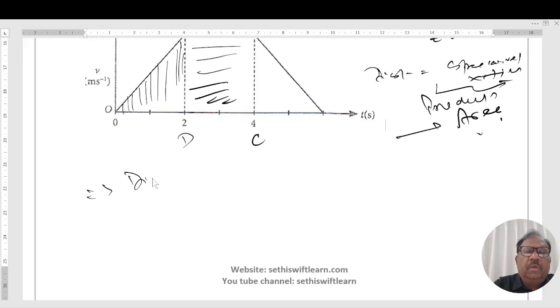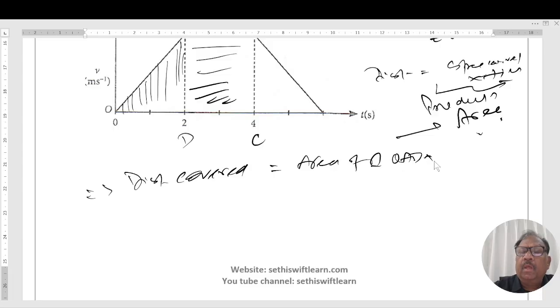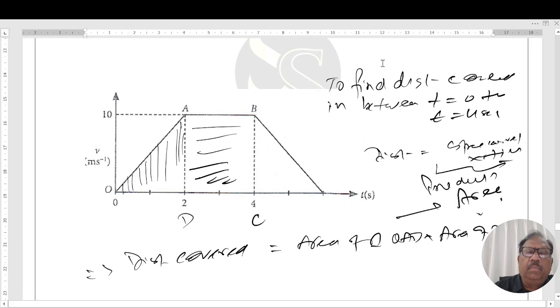So distance covered between 0 to 4 seconds will be equal to area of triangle OAD plus area of rectangle ABCD.